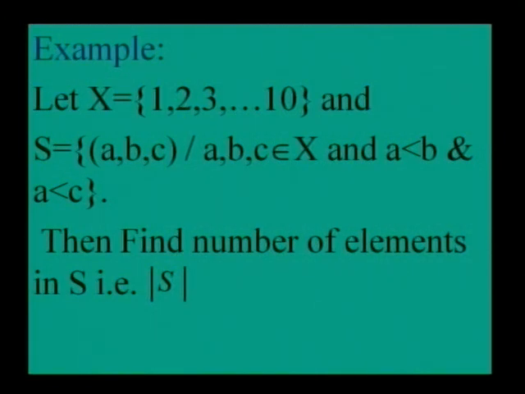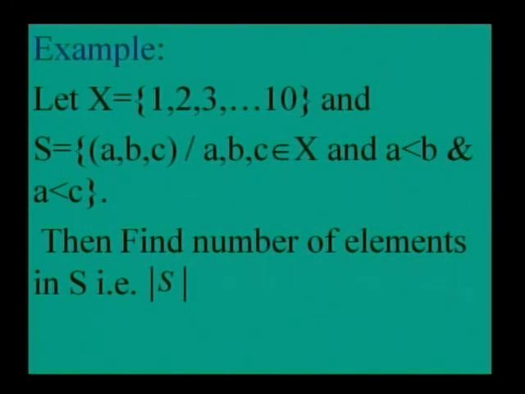I am writing here S is equal to the set of all (a, b, c), where a, b, c, these components belong to the main set X. This is our universal set from which you have to take these coordinates, and the conditions on the coordinates are a less than b and a less than c.